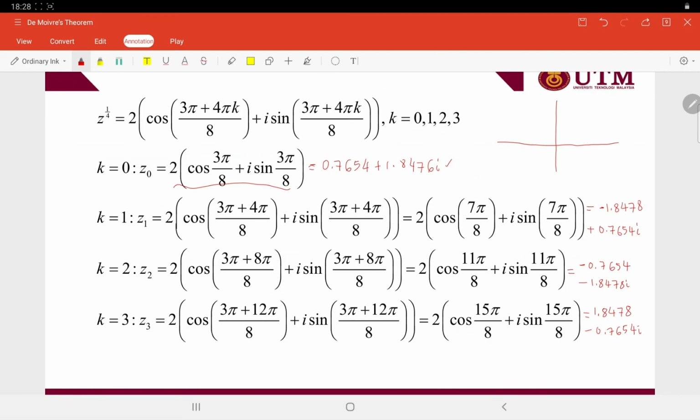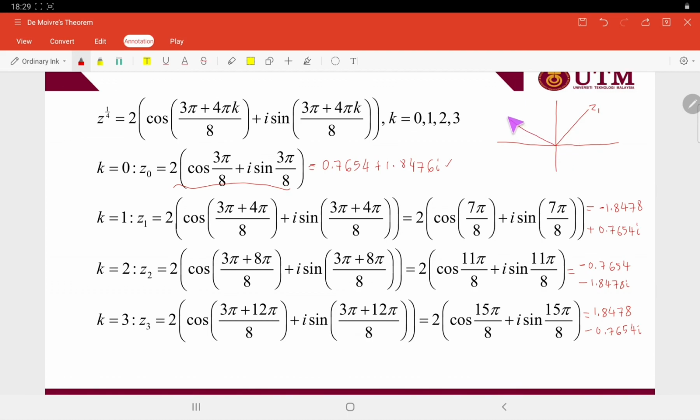So from here we can plot the roots of these complex numbers. For the first one, k equals 0, z0 is equal to this. If we plot it, it is in quadrant 1. So the sketch will be something like this, where this is z1, and then our z2 will be negative 1.8478, meaning the x-axis is negative and the y-axis is positive.